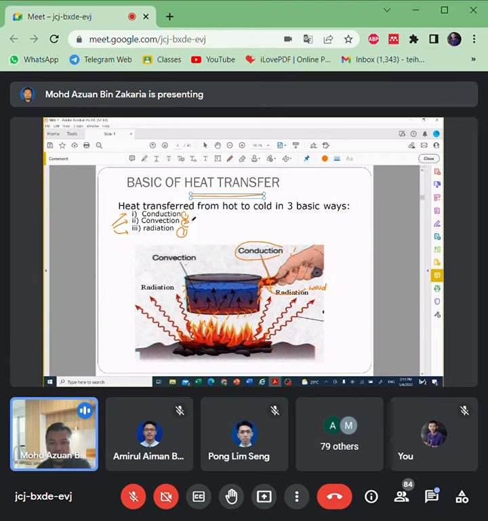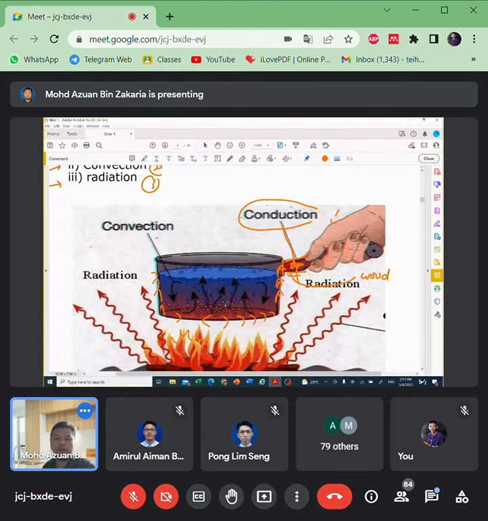Next is convection. Convection is the heat transfer through fluid. You see here at the bottom of the pot, the surface of the pot becomes hot, and it heats the water molecules near the surface, right?